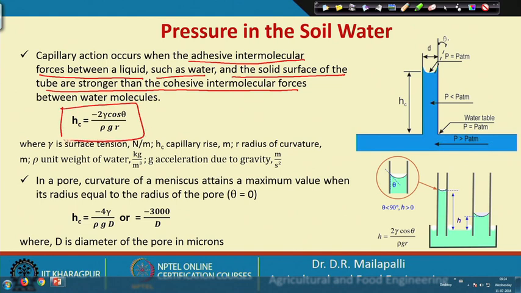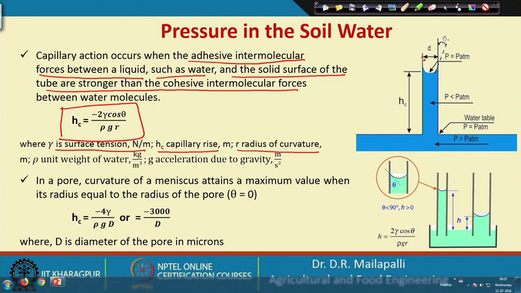This equation is used to estimate the height of capillary rise: H c equals minus 2 gamma cos theta by rho g r, where gamma is the surface tension in Newton per meter, H c is the capillary rise in meters, and r is the radius of curvature.